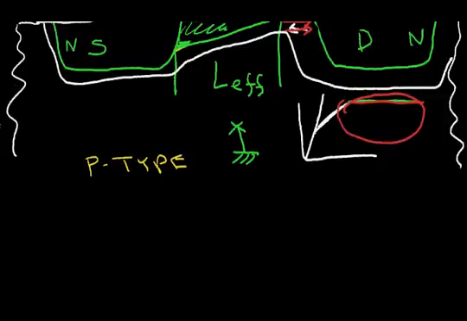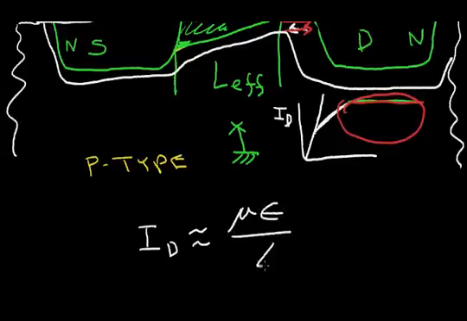Let me change colors here. And this equation is for the drain current. So the current flowing in the drain is equal to approximately the mobility times the epsilon divided by the oxide thickness. Same terms we discussed before. There's a factor of 2 in here.